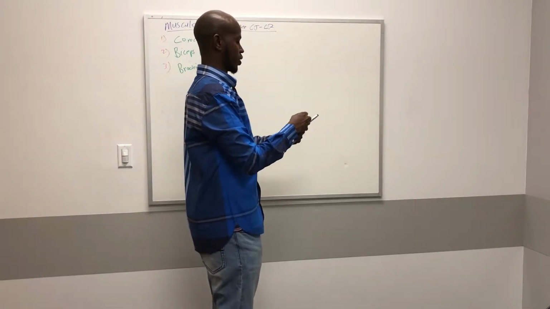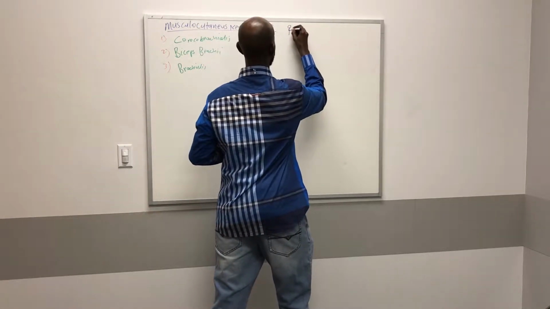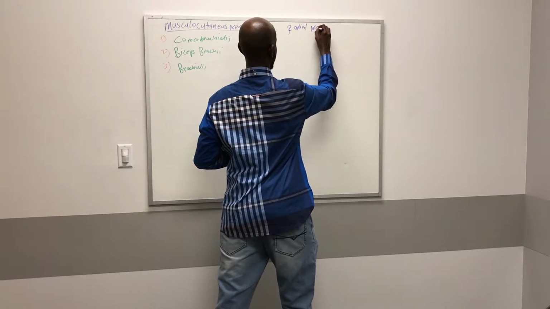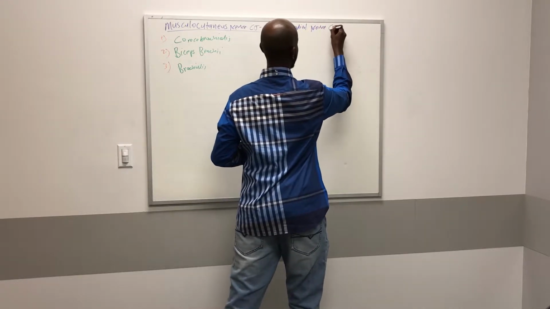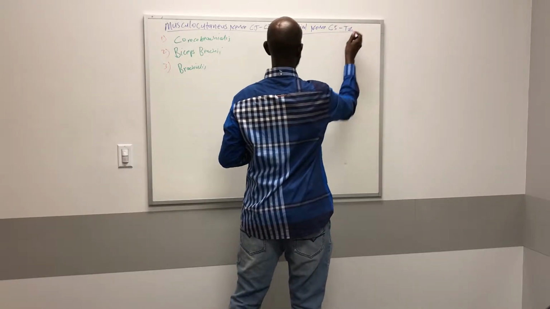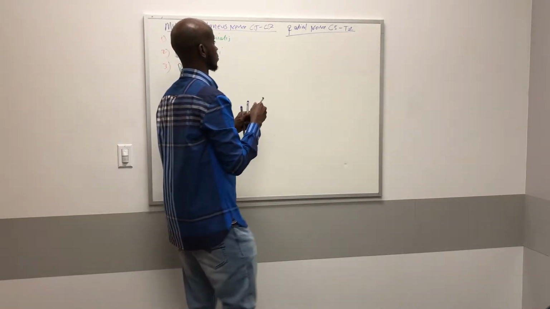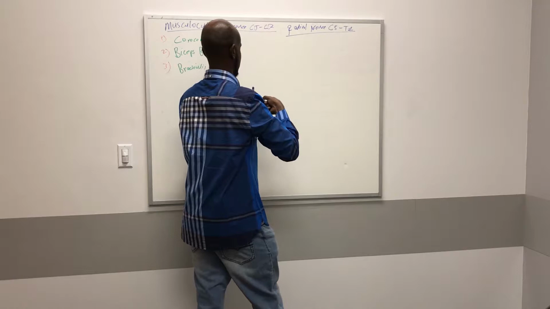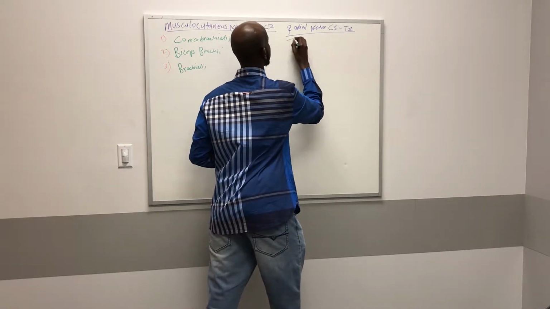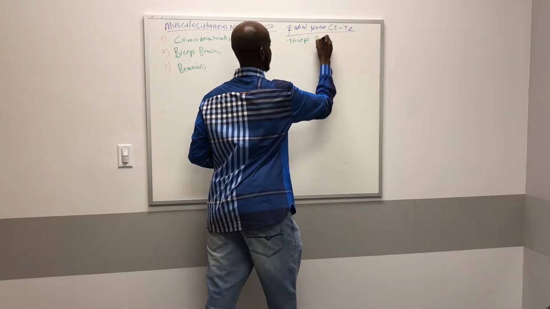The radial nerve supplies quite a lot. Number 1, triceps brachii.